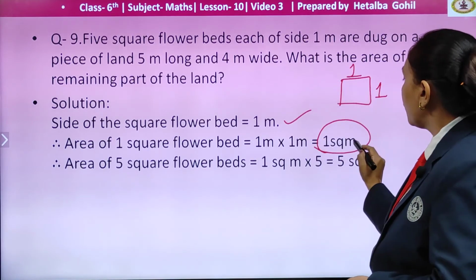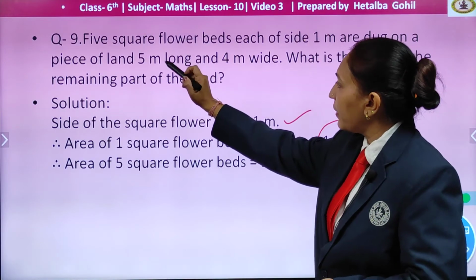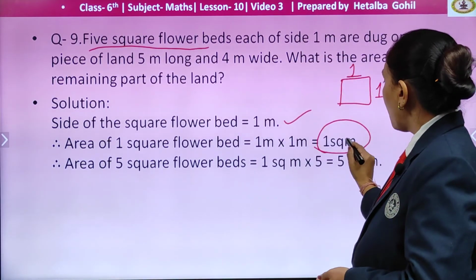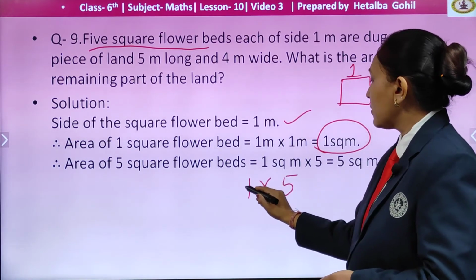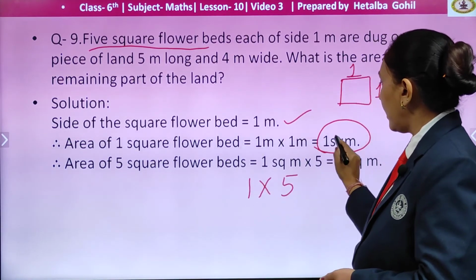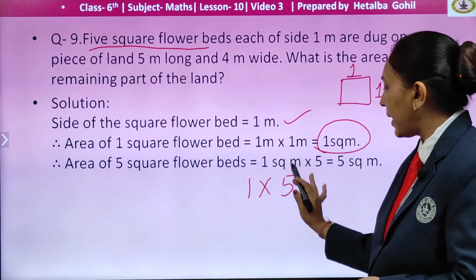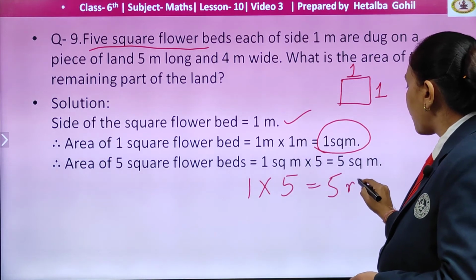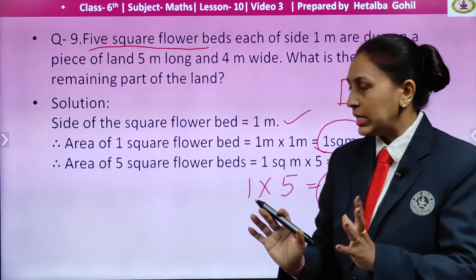So 1 into 1 you get 1 square meter, and similarly how many do we have here? 5 square flower beds are there. So the area of one flower bed multiplied by 5 such flower beds. So totally we have 5 meter square area covered by these flower beds.